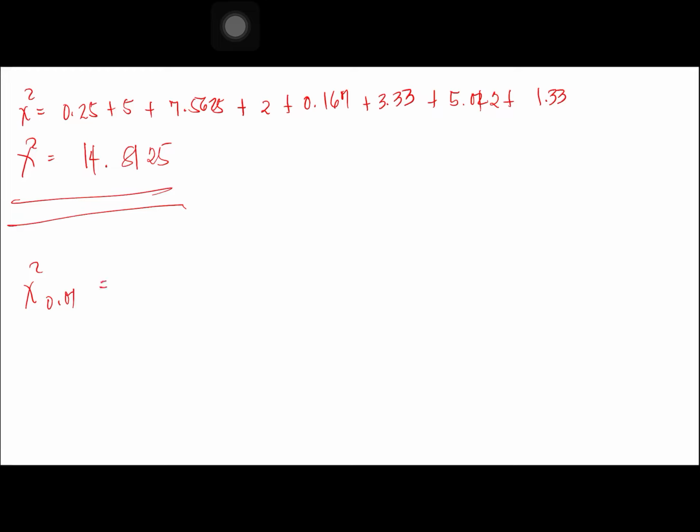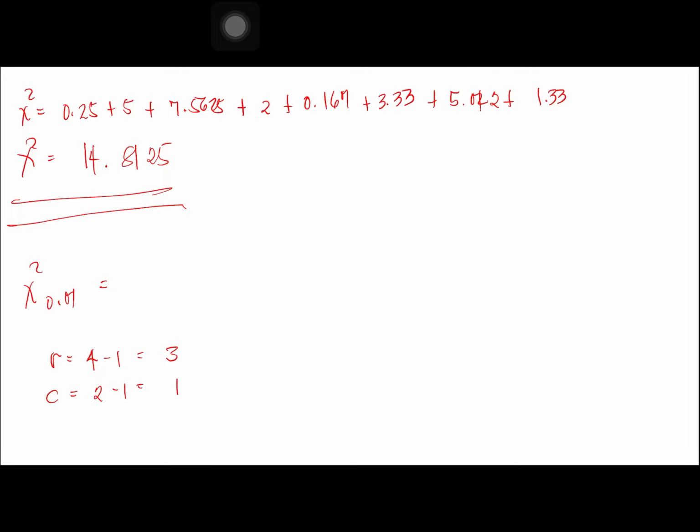So, our chi-square at 0.01, okay? What is our degrees of freedom? Our rows, how many? Rows is equal to 1, 2, 3, 4. Okay, 4 minus 1, we have 3. Our columns, how many do we have? We have 2. Minus 1, we have 1.